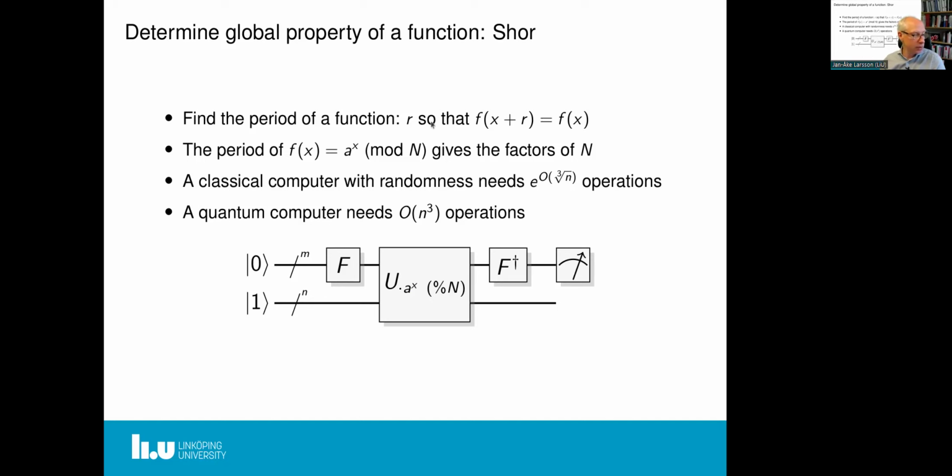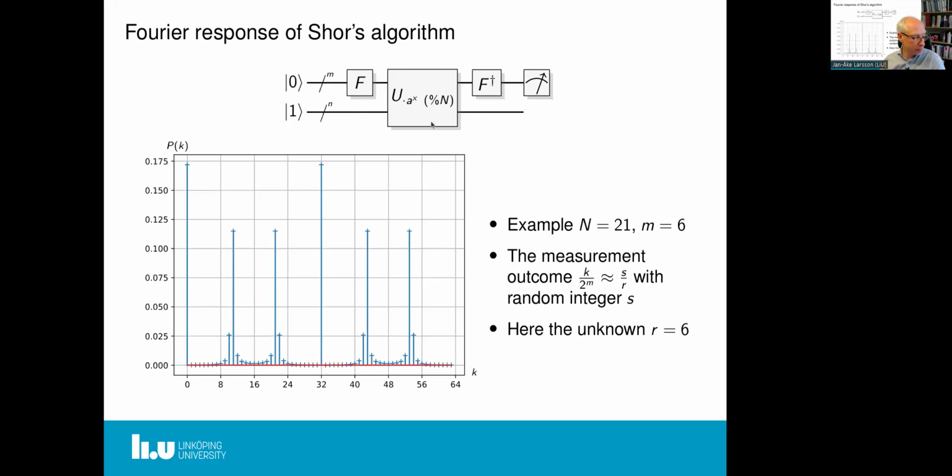And when you set the thing up, you get periodic behavior. So after the Fourier transform here, you get certain frequencies that give you high probability for certain values for the outputs.